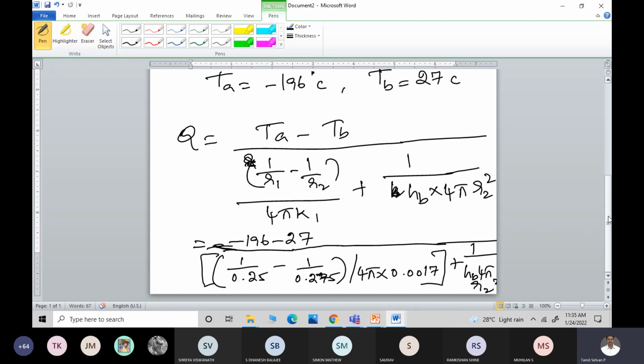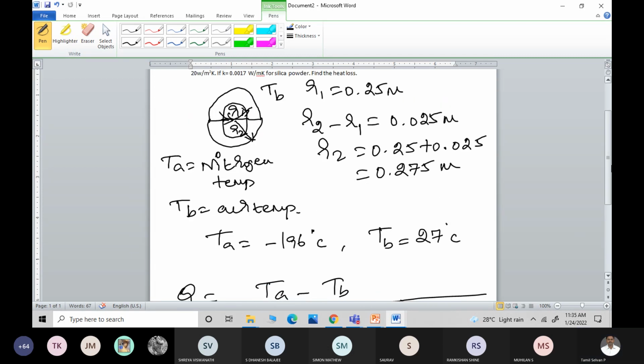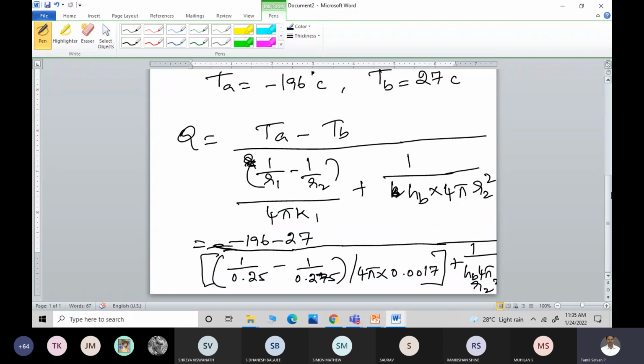Convective heat transfer coefficient outside is given. Outside is mentioned as 20. 1 by 20, 4 pi into 0.275 whole squared. What is the final answer you are getting? Please tell me. See, HB is given, ma, R2 is given. Substitute and get the result. This is conductive resistance, and this is convective resistance.